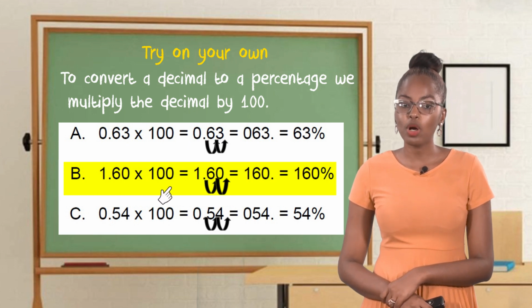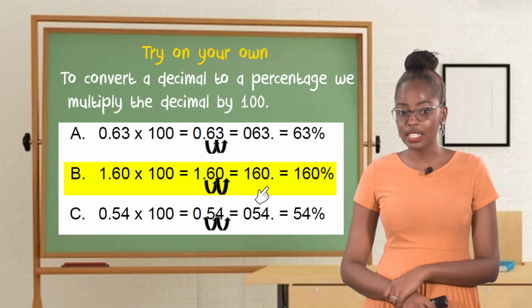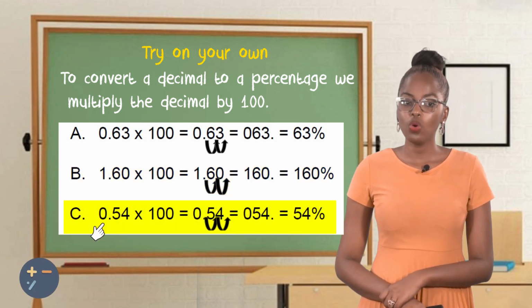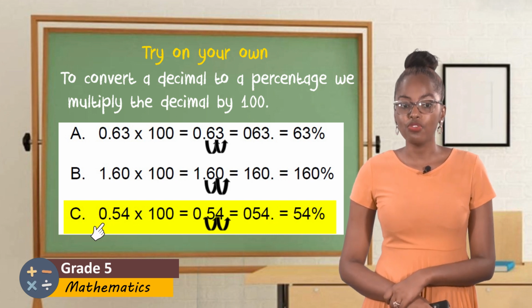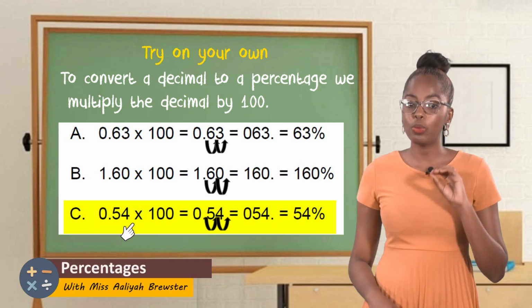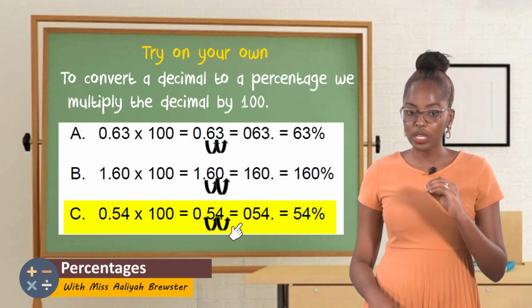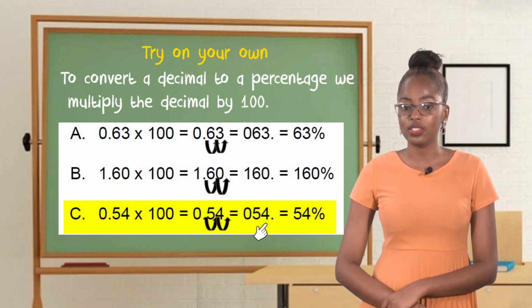We move the decimal 2 places, and that would give us 160%. While for the last one, we had 0.54 times 100. Therefore, we move the decimal point again 2 places, and that will equal 54%.